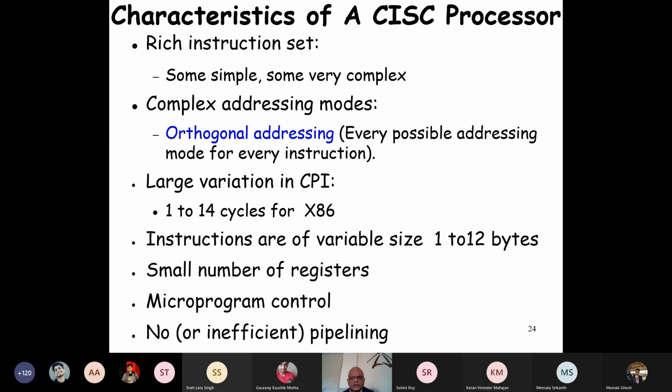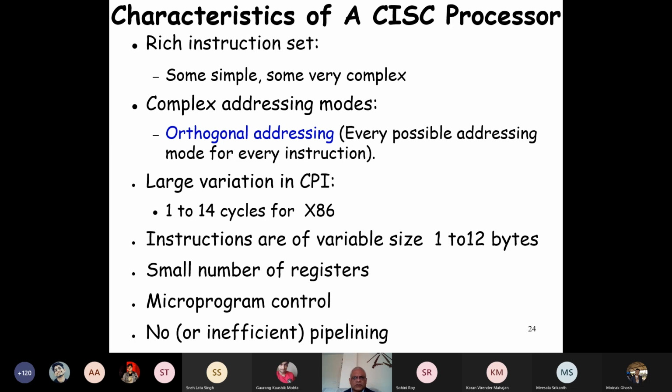And the complex instruction set computers had orthogonal addressing. That means for every opcode you can use various types of addressing. For example, in ADD, you can have all 3 register operands, the 2 source operands and 1 destination operand, all registers. You can have 2 memory operands and 1 register. You can have all 3 memory operands and so on.